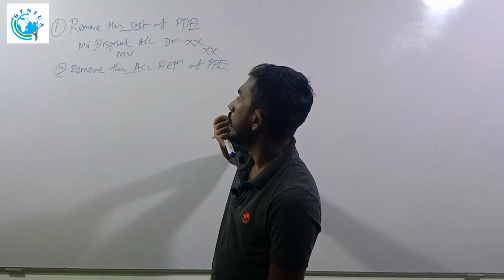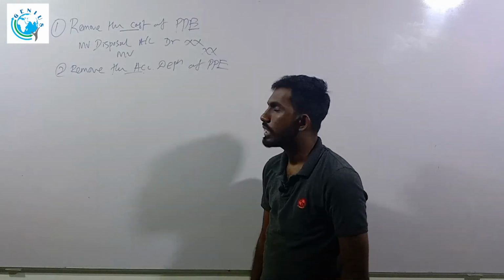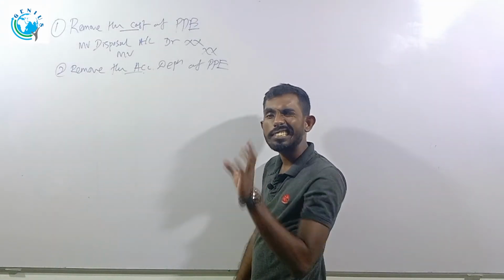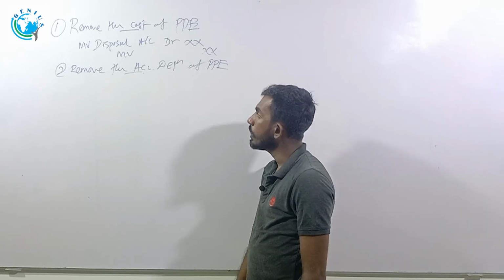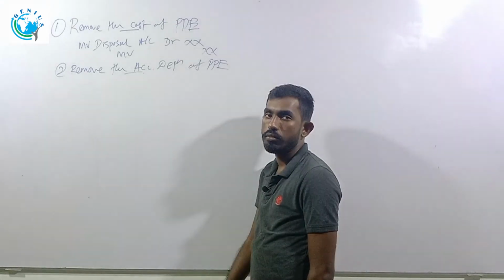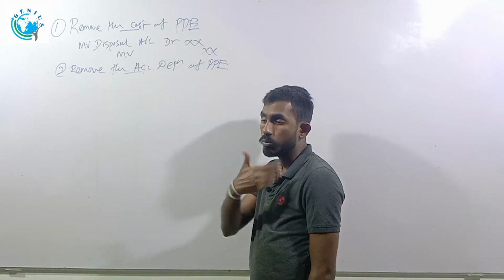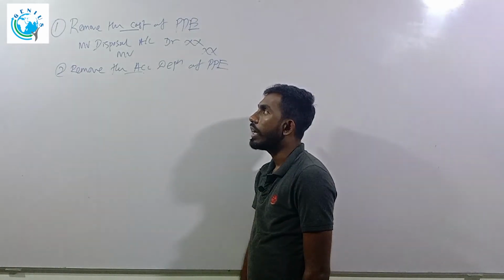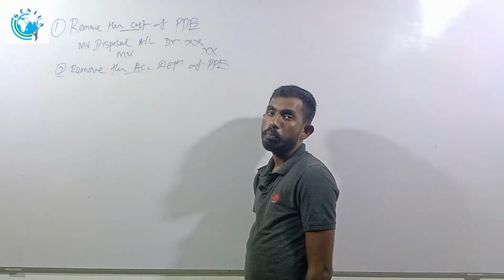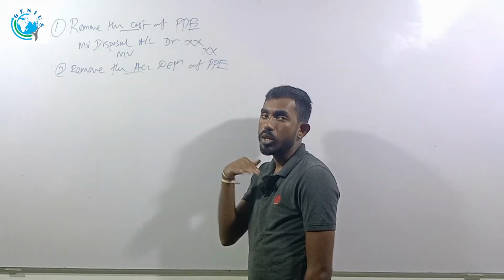So you know that accumulated depreciation has a credit balance. Why? It shows the reduction of the asset value. So if you are going to remove that value, now you are removing the depreciation amount that you have already calculated. Therefore, the accumulated depreciation or provision for depreciation account is now debit.